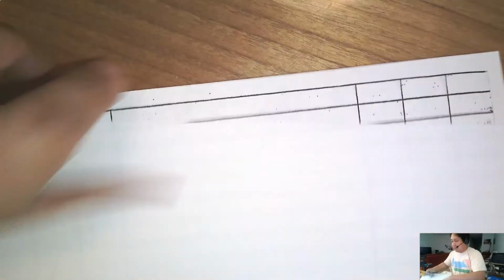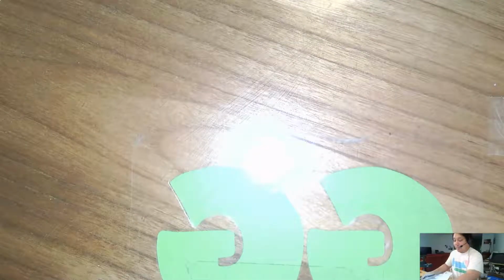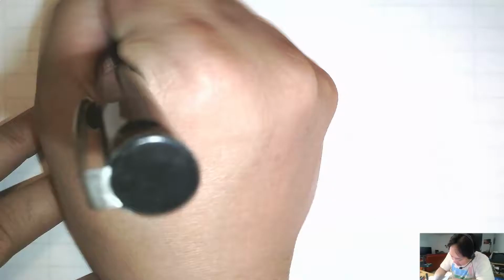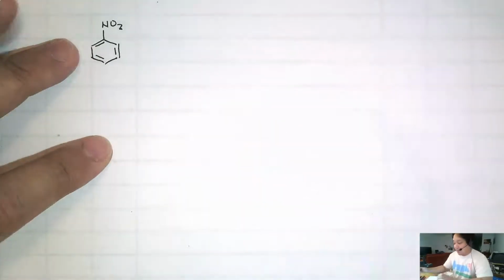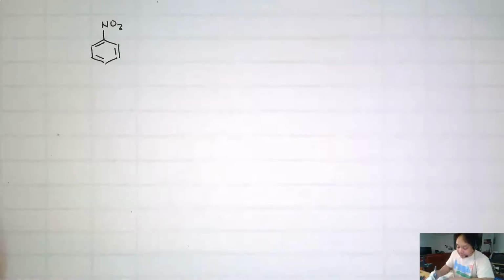I want to give us the original benzene molecule before we draw the arenium ion. And that molecule is this. From our chart, we know it's a bad group, and we're going to direct meta.